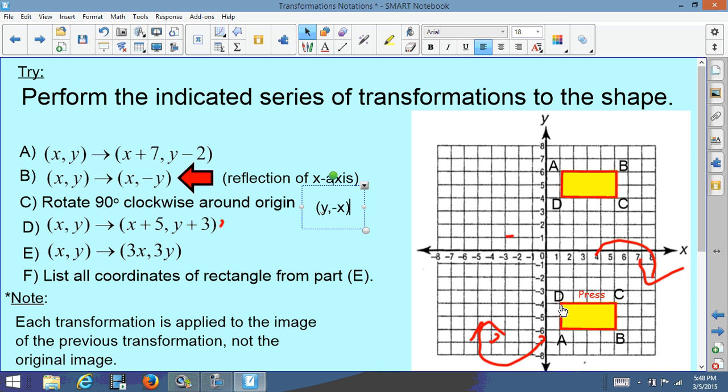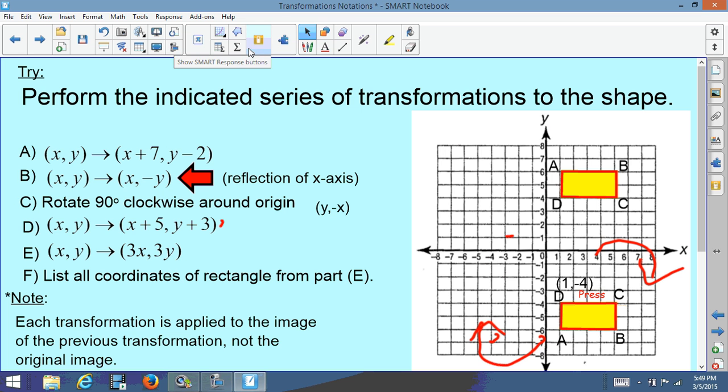So this point D, let's take that for instance. This point is 1, negative 4. So we're going to switch it and make it negative 4 and negate the 1 and make that negative 1. So our D is going to be right here.